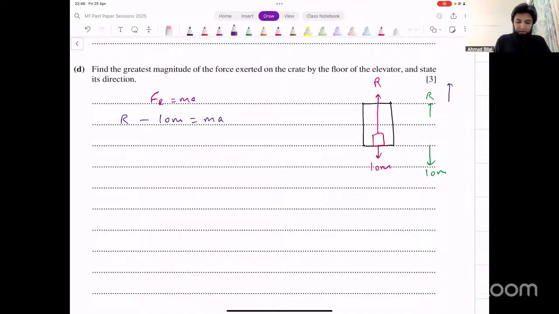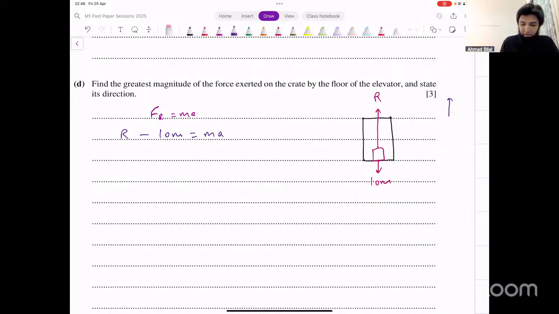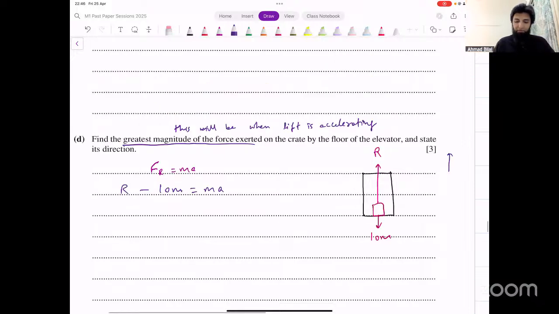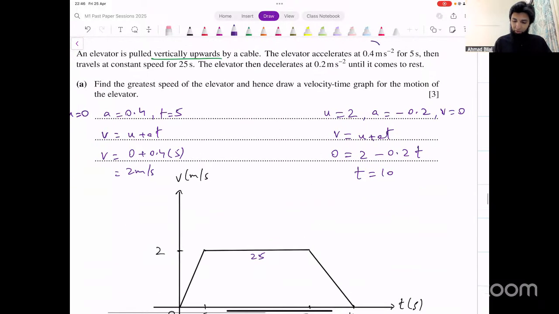We want to find the greatest magnitude of the force exerted on the crate by the floor. That's basically this reaction, the greatest magnitude. When will that be? When the lift is accelerating upwards. Now, what was the acceleration of the lift that we were given in the first part of the journey? 0.4 meters per second squared.